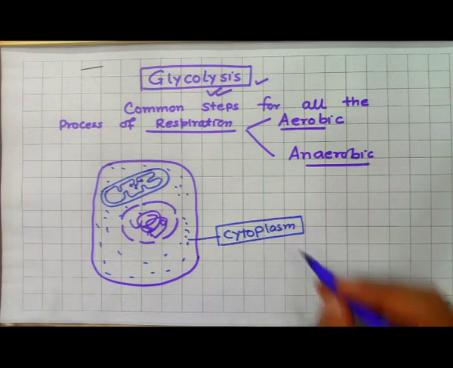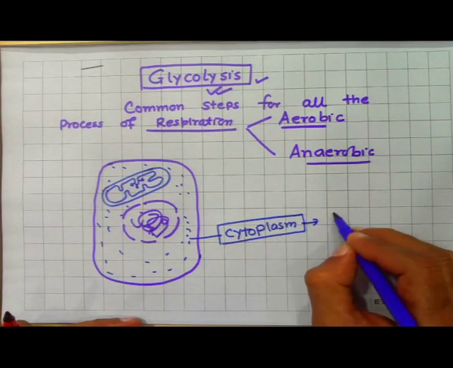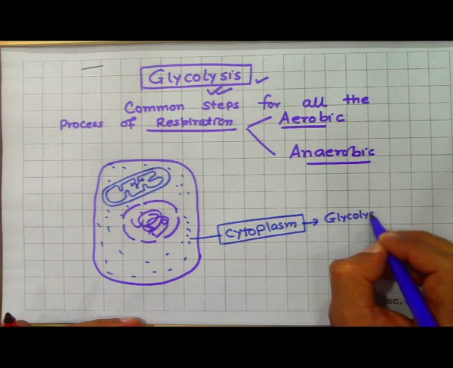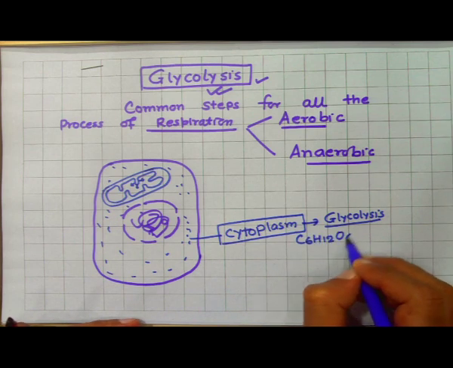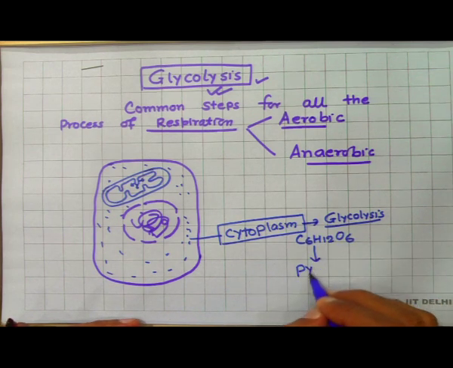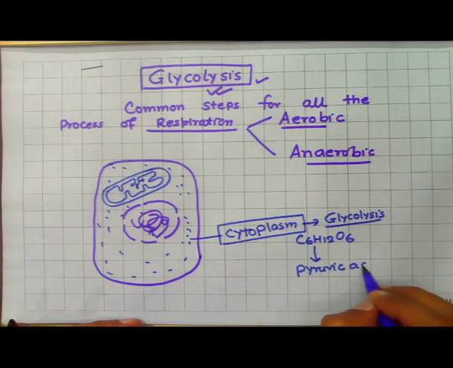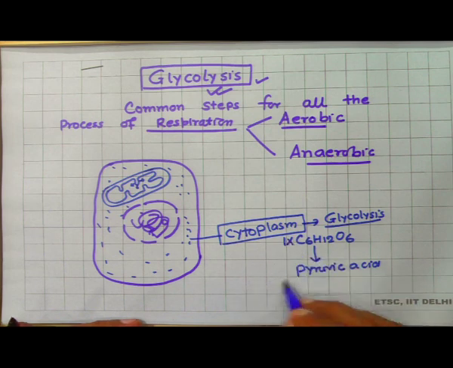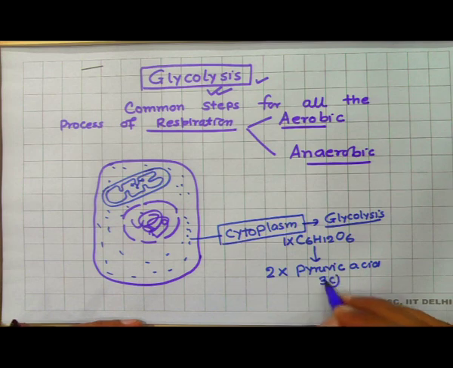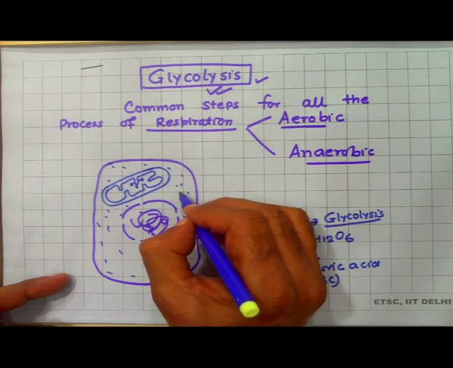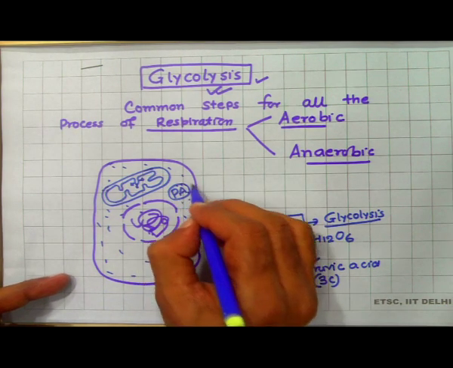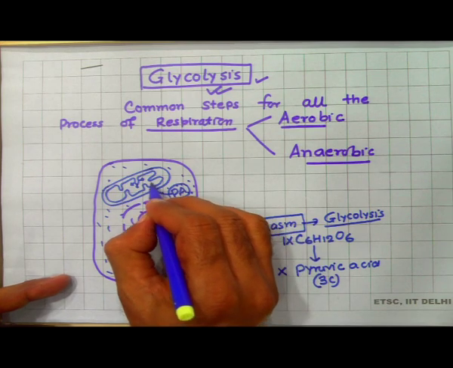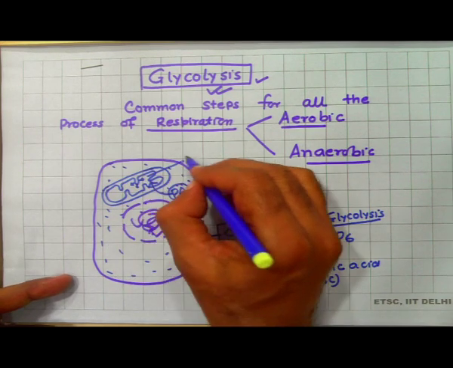So, we can summarize that in cytoplasm glycolysis takes place. Here the glucose molecule is converted into pyruvic acid. One glucose molecule forms 2 molecules of pyruvic acid. The pyruvic acid is a 3 carbon compound. Now, this pyruvic acid, abbreviated PA, found in cytoplasm, enters into the mitochondria where Krebs cycle takes place.